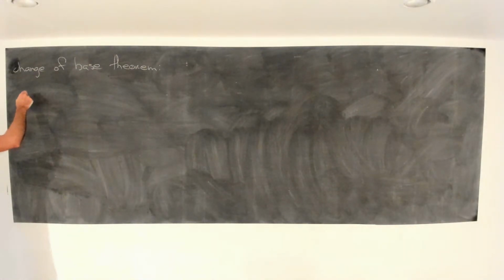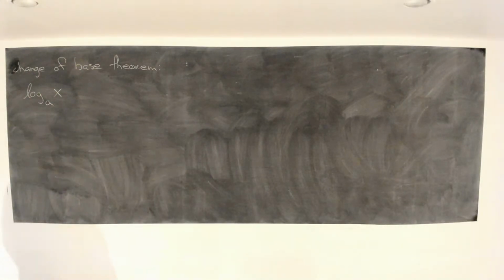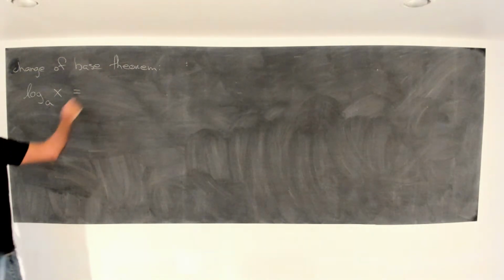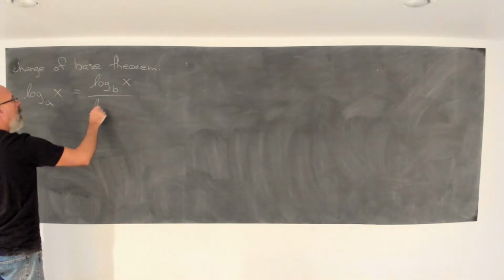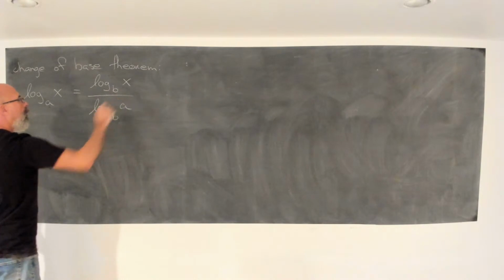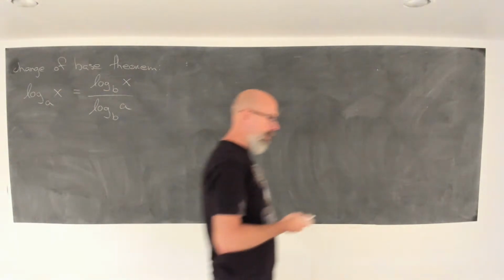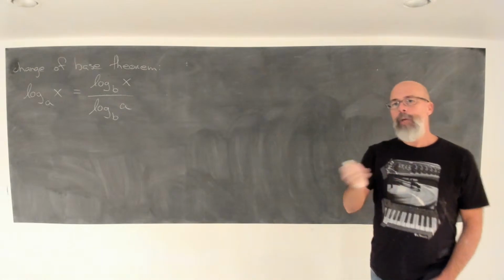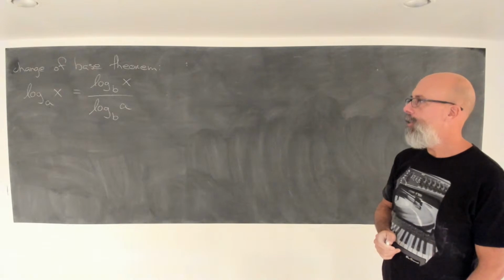The change of base theorem says that if you have log base a of x, you can change it to any other base you want, any base b, using the following formula. So you can change the base from a to any other base b, b being bigger than 0, not equal to 1, using this formula.